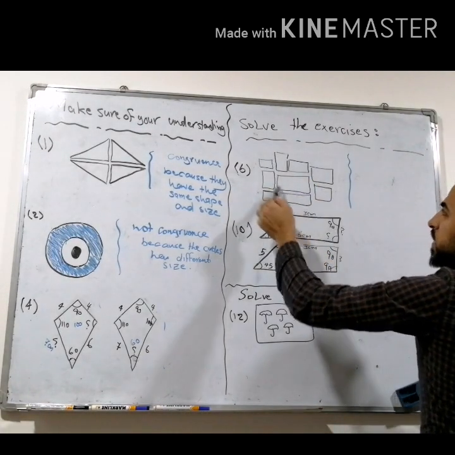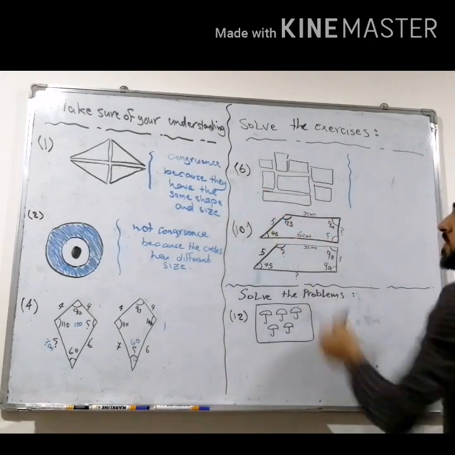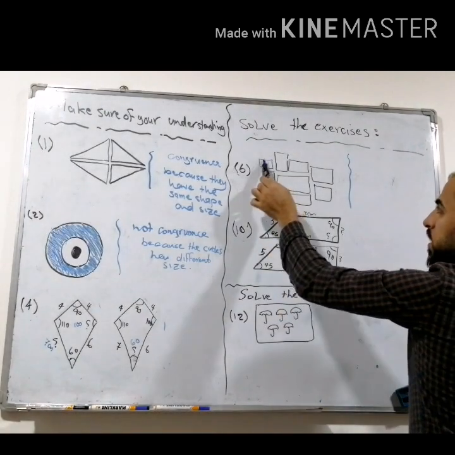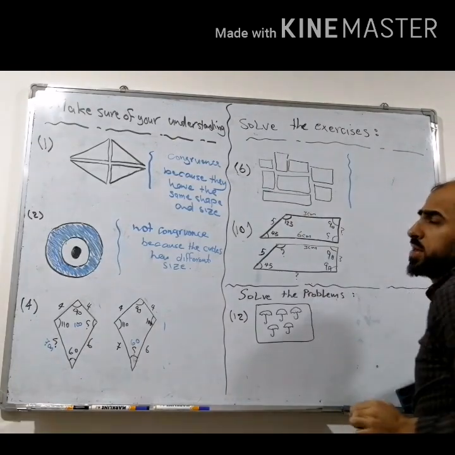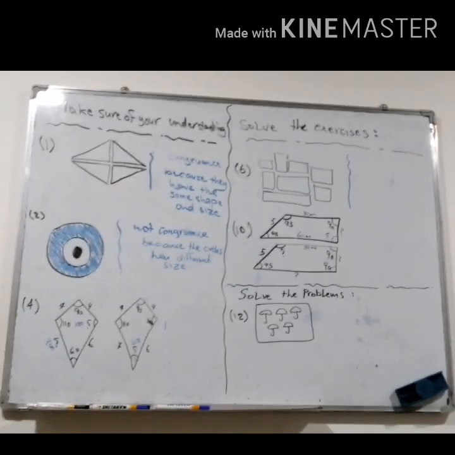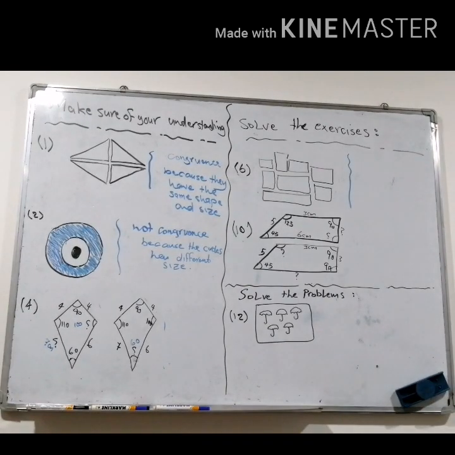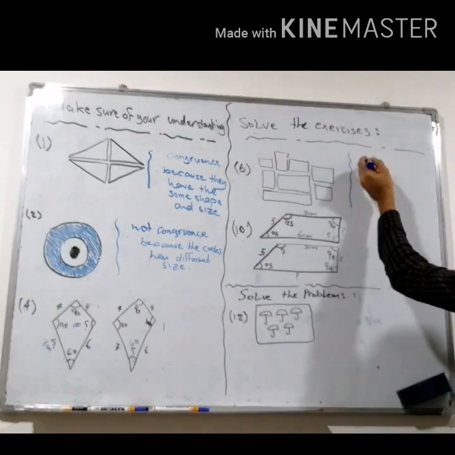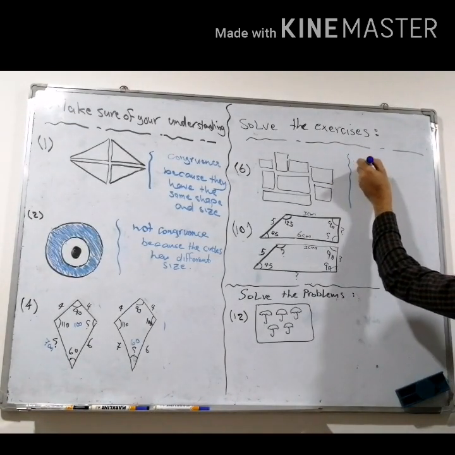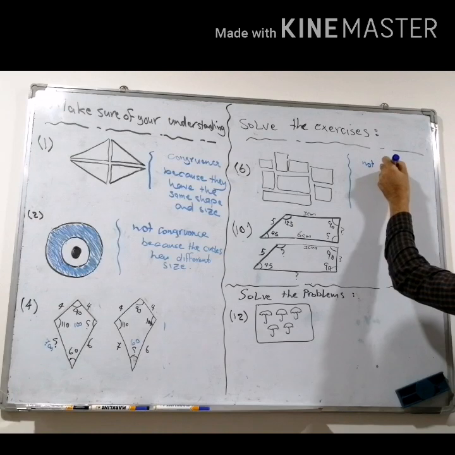But here we have different shapes and different sizes, because some of them are square and some of them are rectangular, and also they have different size. So these shapes are not congruent.